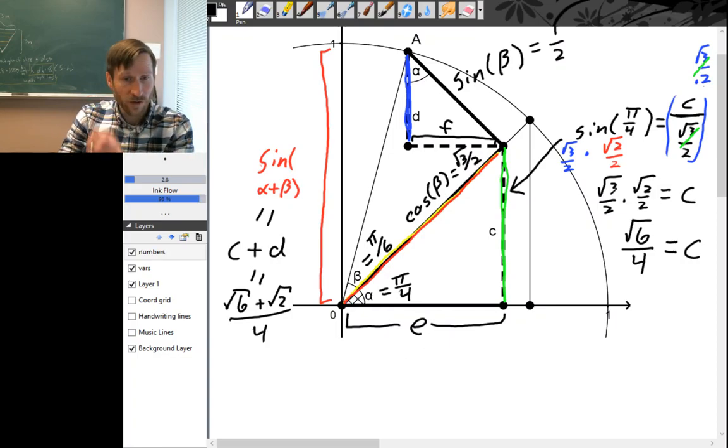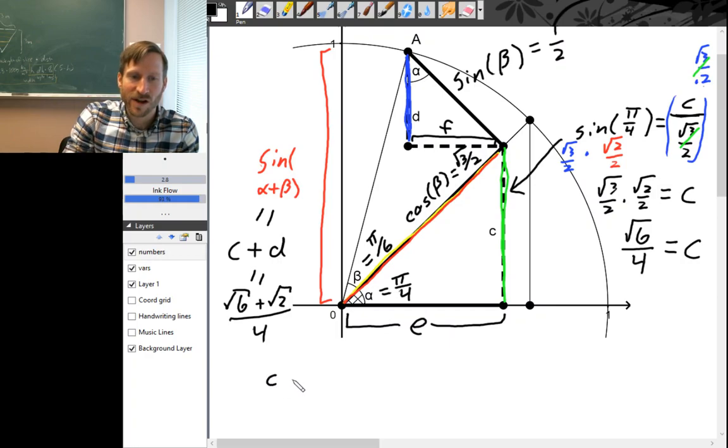Okay, for E is adjacent to this angle alpha, so we'll use cosine of alpha, which is pi over 4, is equal to E over the hypotenuse of this triangle, which is still root 3 over 2.